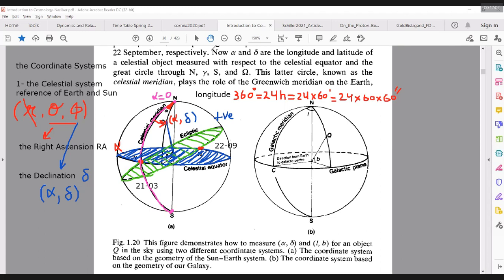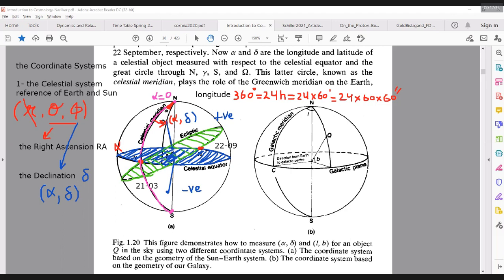But as an object lies in the southern hemisphere, for example here, then this value is taken negative to show it is in the southern direction. So the angle measured, you can already see, this is the reference line, this is the reference in the plane, and here is this position.